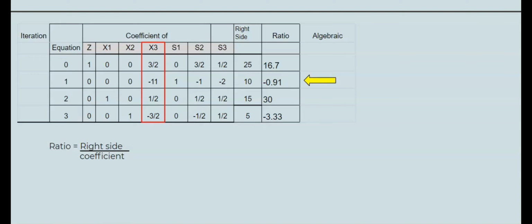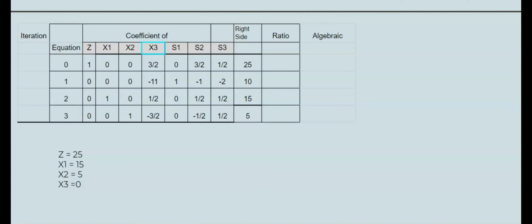So now you are ready to wrap up and get your final answers. Our Z is equal to 25, because if I go down the column of Z, the 1 there, moving over to the right-hand side, is 25. My X1 will become 15. My X2 will become 5. Now what does X3 become?